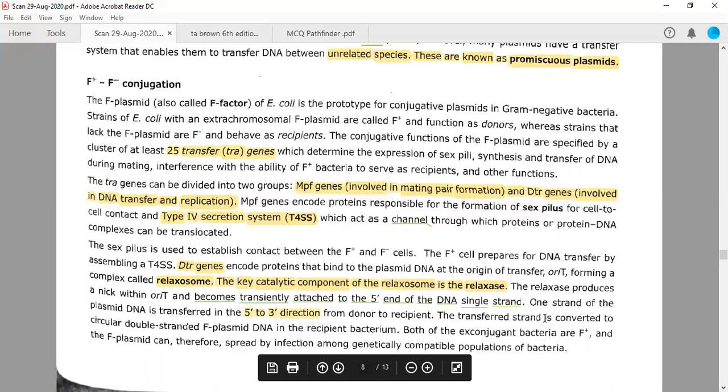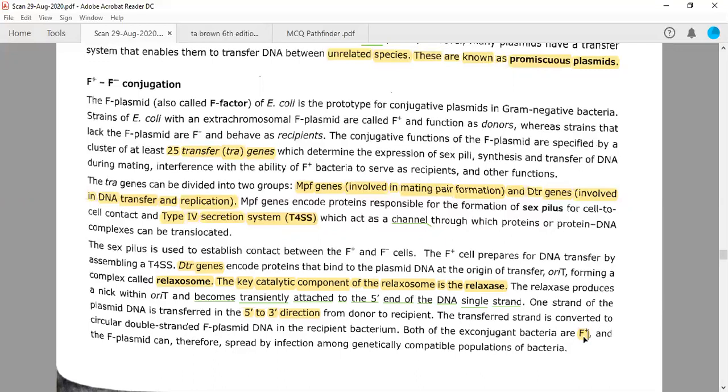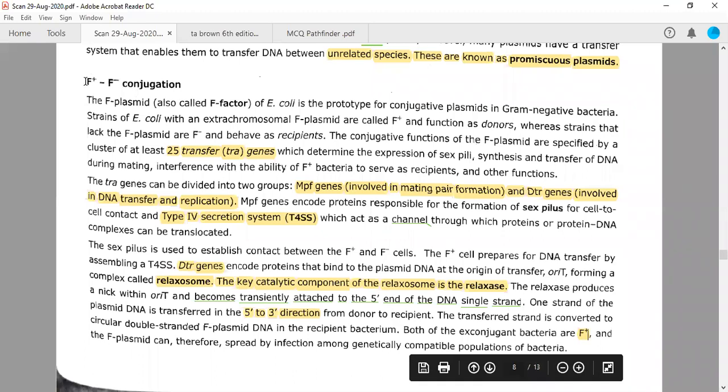The transferred strand is converted to the circular double-stranded form and then by replication, both the ex-conjugate bacteria will become F positive. So the bacterial cell which is the recipient and does not have this F plasmid, after receiving it, will become F positive. Initially the transfer is from F positive to F negative. Once the transfer is over, this F negative will also become F positive.